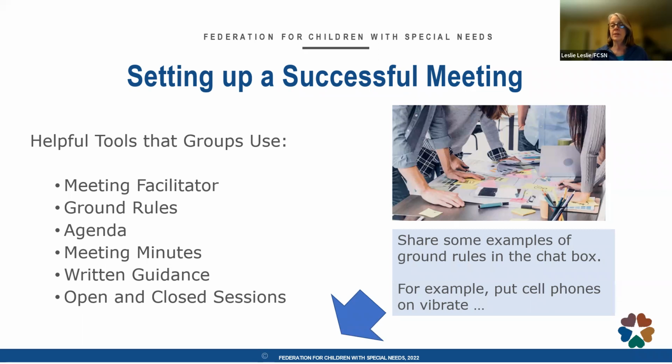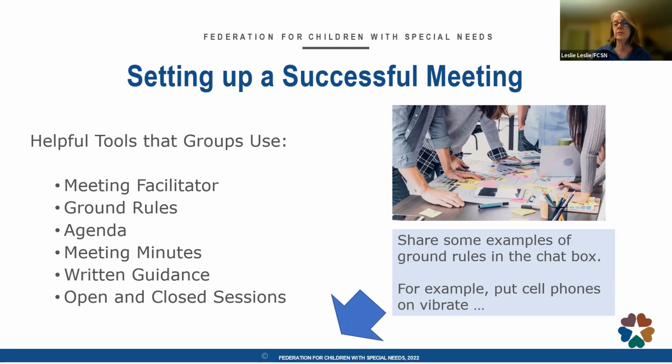The importance of meeting minutes as the formal documentation of what happened. Following the written guidance that your CPAC has, which are the bylaws, so that can give insight as to how the meeting might be run. And then thinking about closed and open sessions, most CPAC meetings are open sessions. We really want to be inclusive and invite people to participate in our meetings.